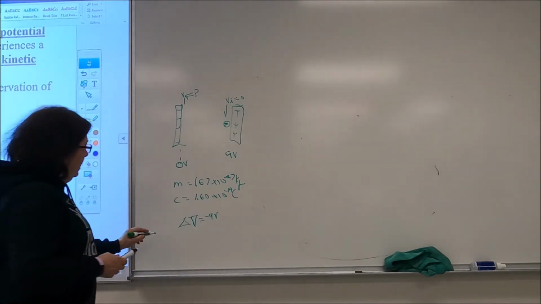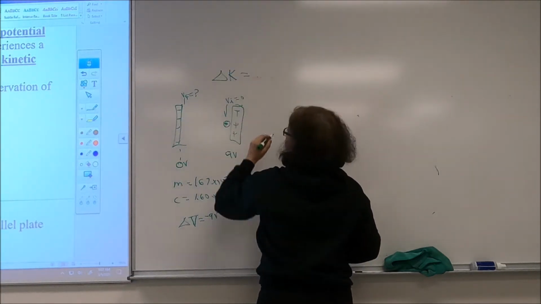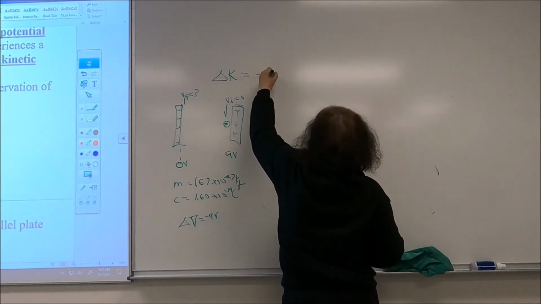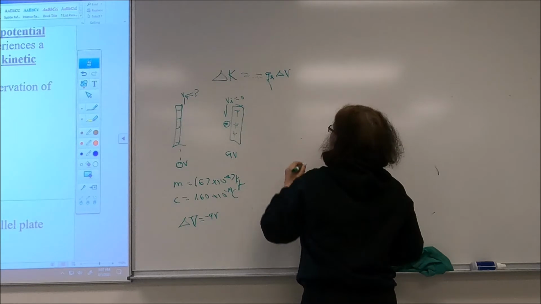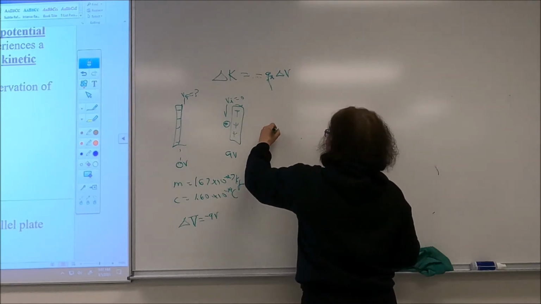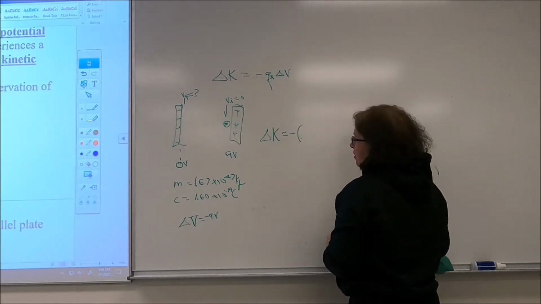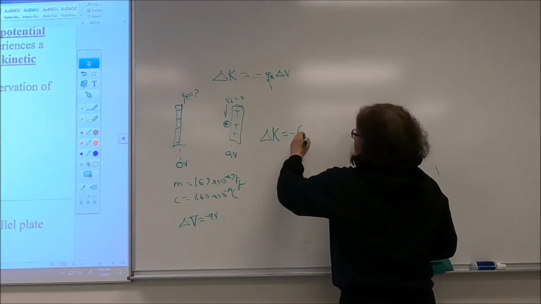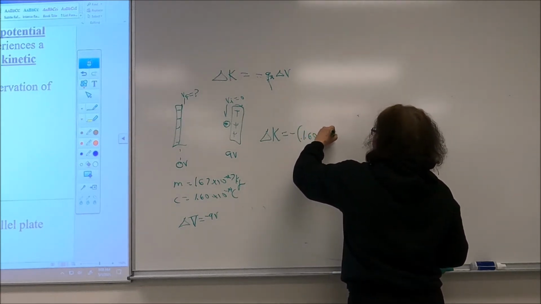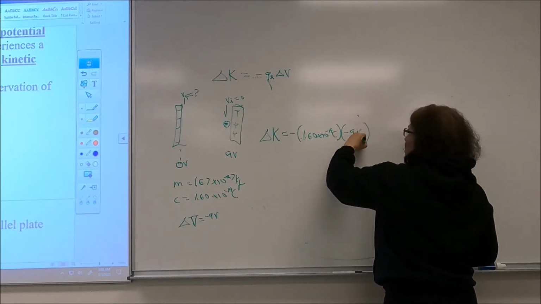What we need is change in kinetic energy is equal to minus q delta V. So our change in kinetic energy is going to be the negative of 1.60 times 10 to the minus 19 coulombs times the minus 9 volts.